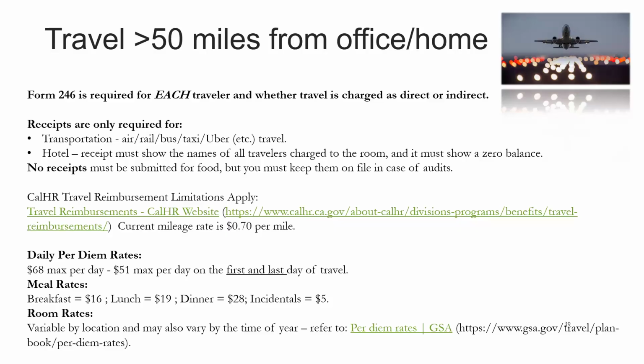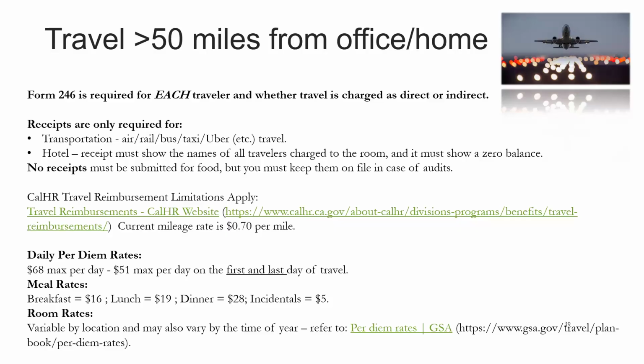per diem. So you can charge up to $16 for breakfast, $19 for lunch, $28 for dinner, and then incidentals, which are generally tipping, hotel staff, things like that, $5.